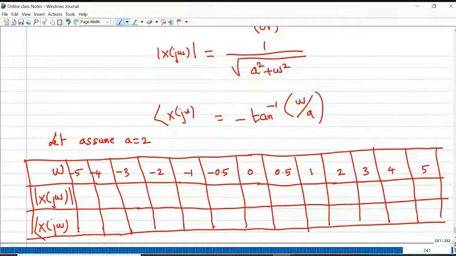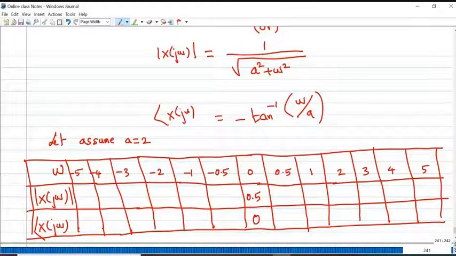Okay. So assume A value 2. Substitute omega equal to 0 in this equation. 2 square is 4, again root of 4 is 2, you will get 1 by 2, which is 0.5. Omega 0, tan inverse of 0 by 2, you will get 0 degree.